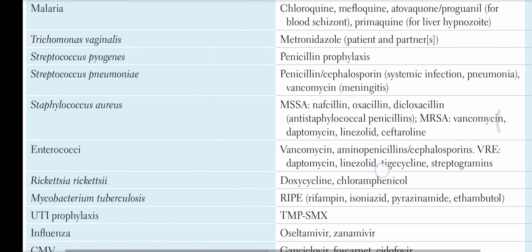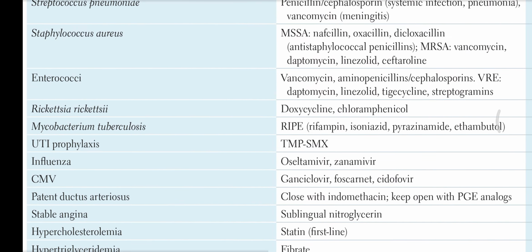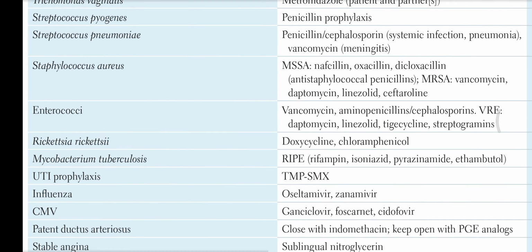Staph aureus. For methicillin-sensitive Staph aureus, MSSA, anti-staphylococcal penicillins are used: nafcillin, oxacillin, and dicloxacillin.